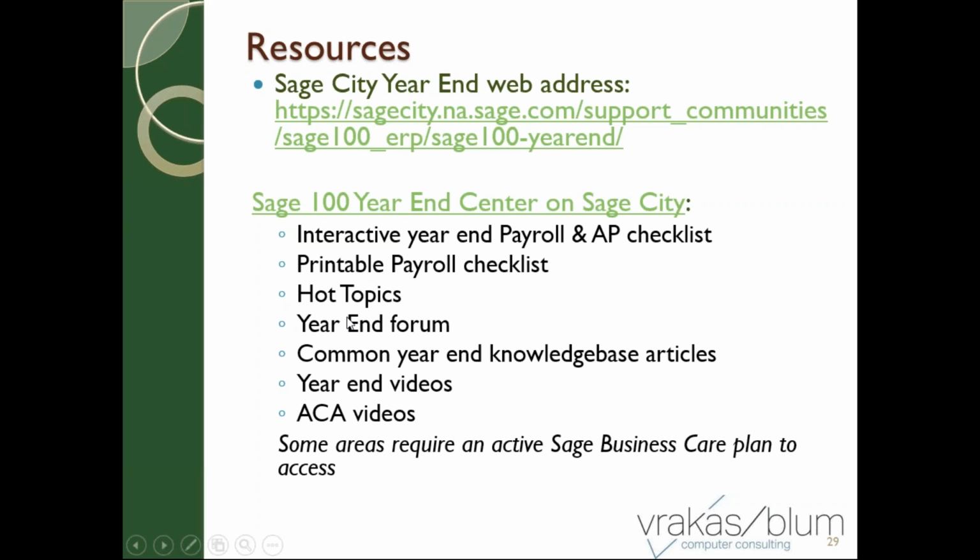They have the ability to print those lists, hot topics, a great year-end forum, knowledge-based articles, year-end videos, a lot on ACAs on there as well. So some areas require an active Sage business care plan to access, but these are really great resources for your year-end processing needs. So that concludes this portion of the webinar.